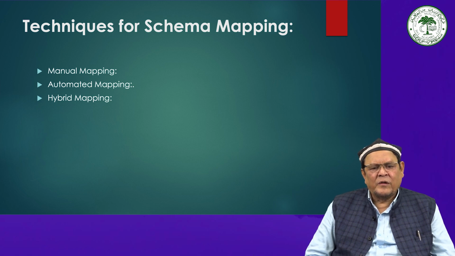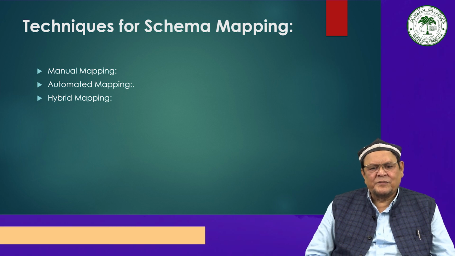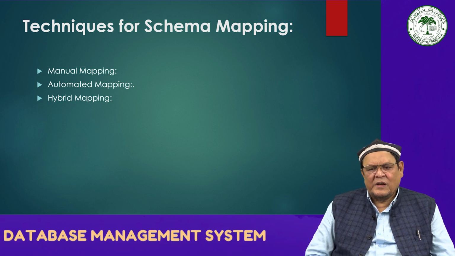Automated mapping: tools and algorithms are used to automatically infer mappings based on similarities in schema structures, data types, and semantics. While faster, this approach may lack precision and require human validation.